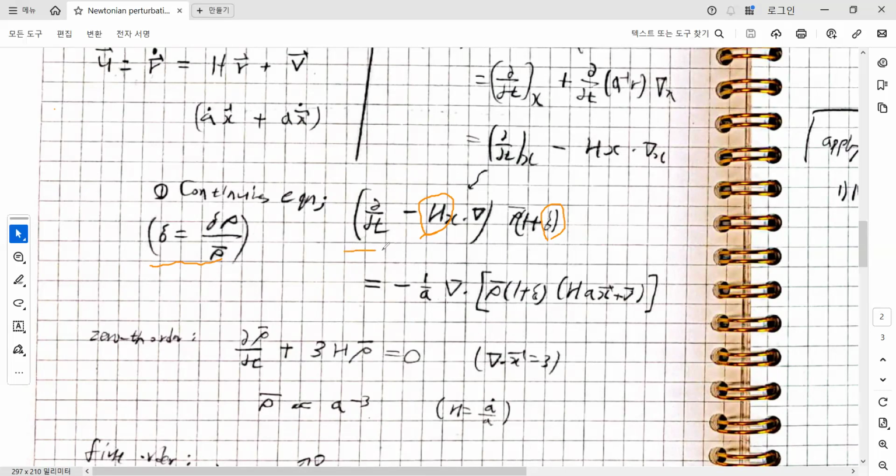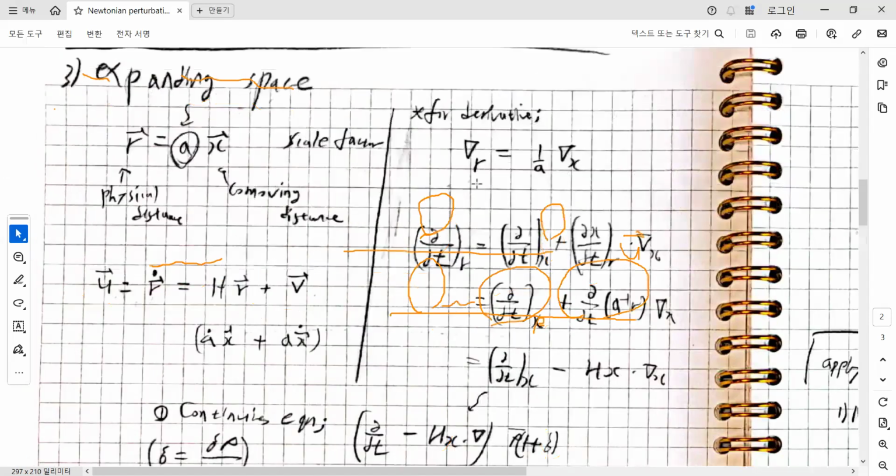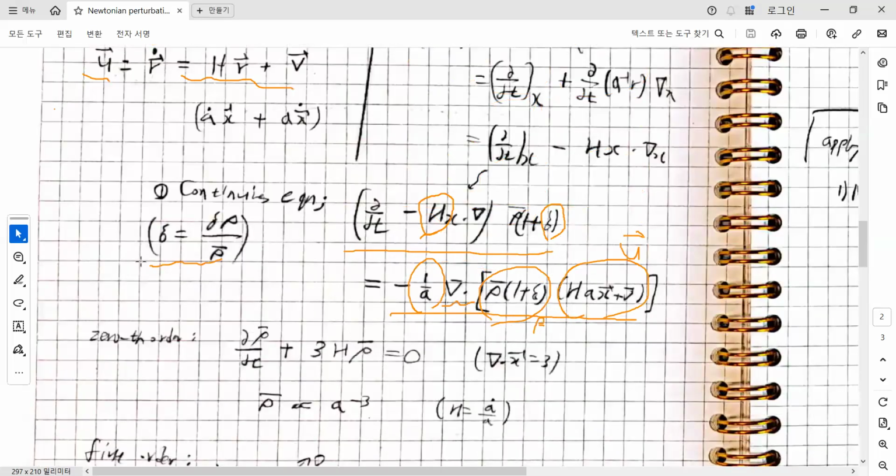The left-hand side is the time derivative of the density perturbation, and the right-hand side is the partial derivative of the density perturbation. This corresponds to the vector u we already found here, and this one is rho. And this is the partial derivative, and there will be some scale factor here, because the partial derivative in r changes to the derivative in x.